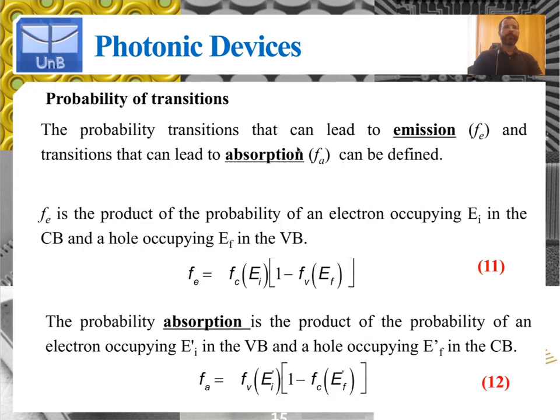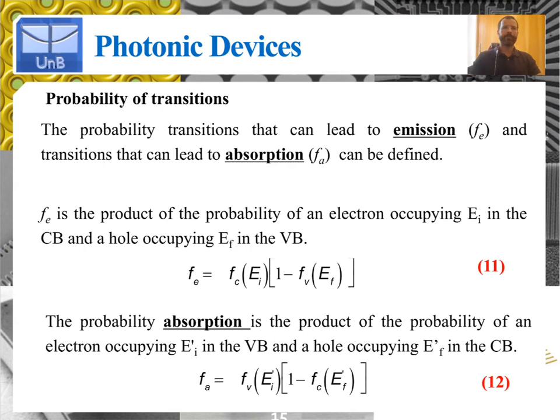Okay, so we can define probabilities of transitions that can lead to emission, and we're going to call that Fe, and we can also define probabilities of transitions that can lead to absorption, Fa. So Fe is the product of the probability of an electron occupying an initial state Ei in the conduction band and a hole occupying a final state Ef in the valence band.